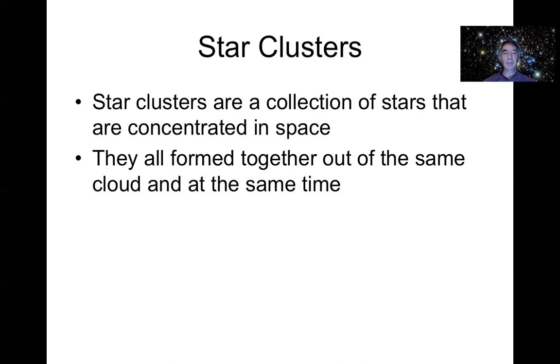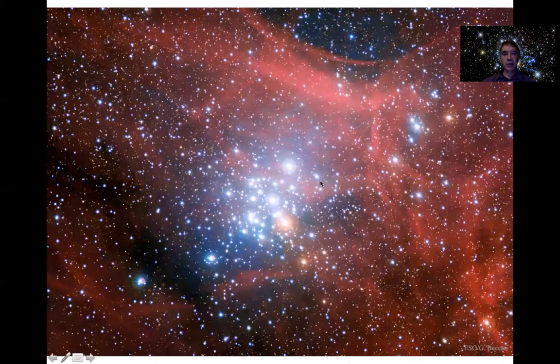So that's very important. So let's have another picture of one. There's another rather beautiful picture of a star cluster. So here you can see a cluster of stars. You can see that it's more concentrated here. There are a lot more stars here than there are, say, over here in the general background field of the galaxy. So there's clearly a concentration of stars in the middle of this picture.